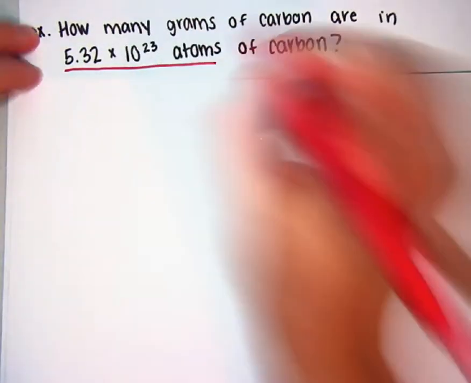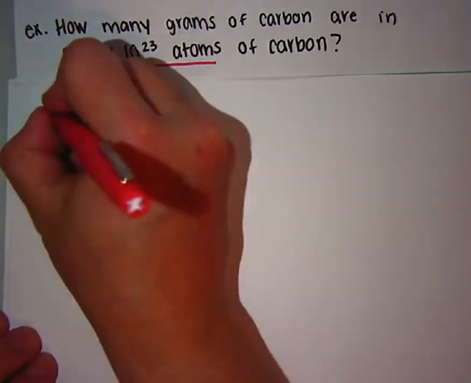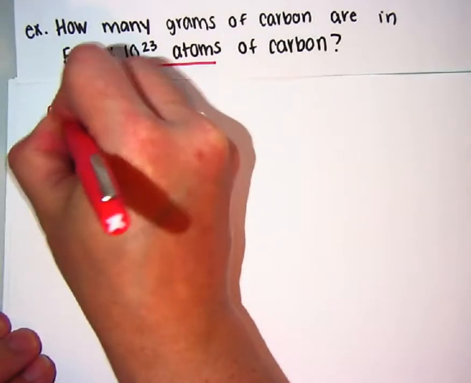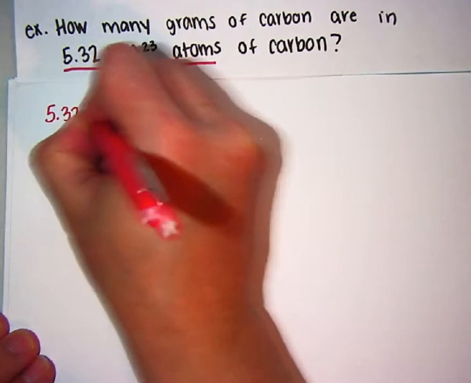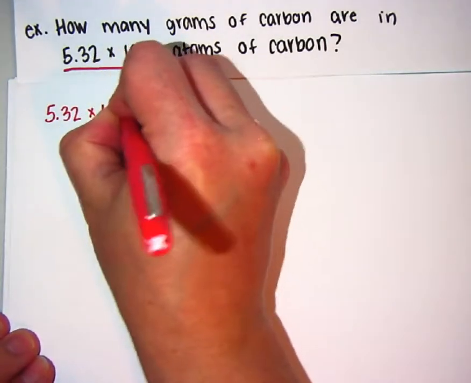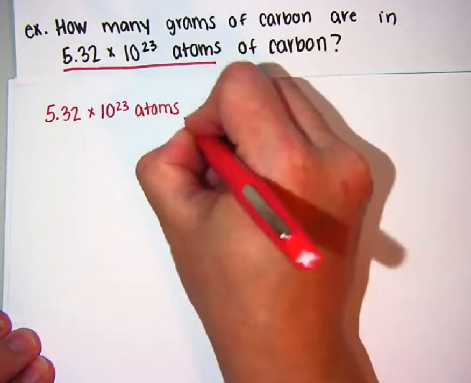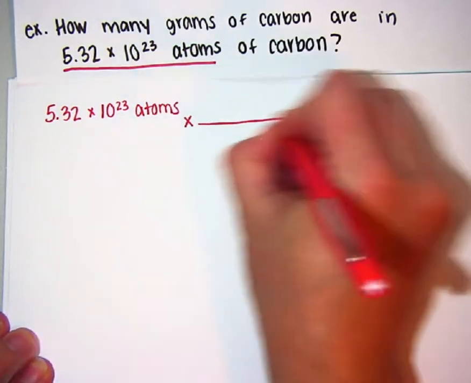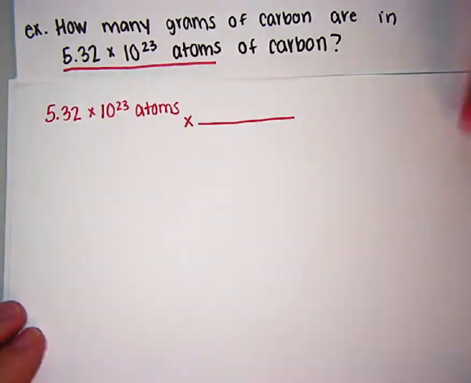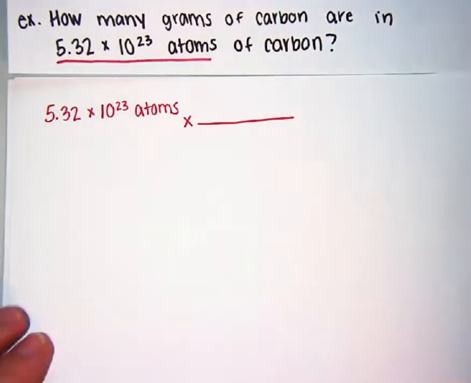All right, always, always, always start with the given. 5.32 times 10 to the 23rd atoms. When we're setting up our conversion factors, we're always going to set up so our units cancel.